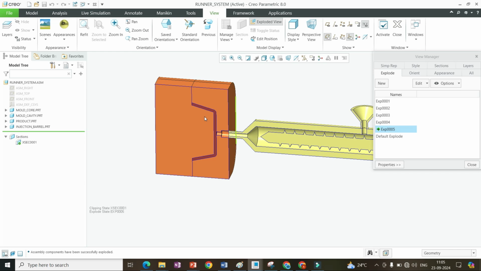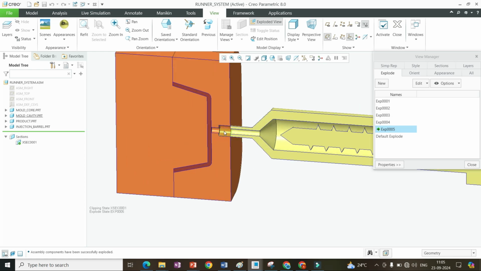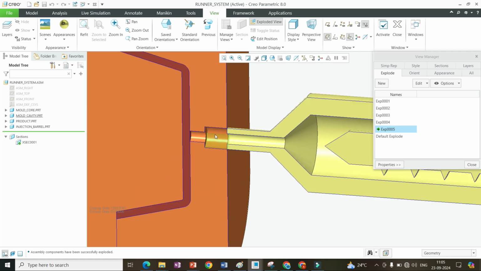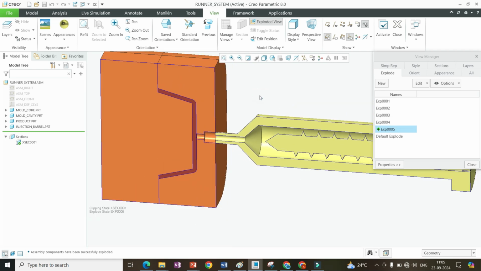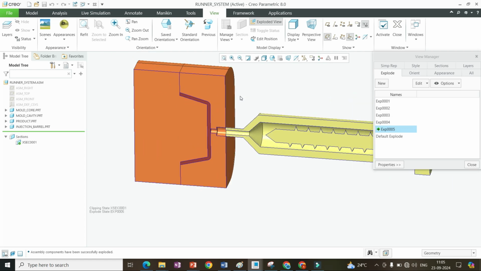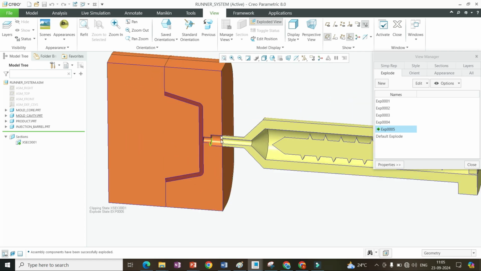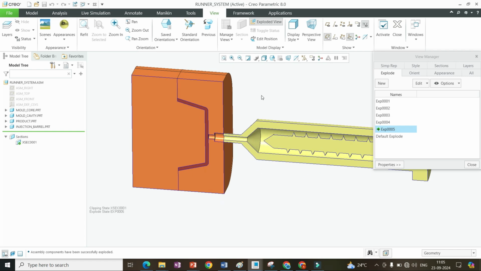These molds are generally made of aluminum and steel. Inside the fixed mold there is a sprue, there is a gate, and sometimes there is a runner also. Here I have not shown the runner, so this mold is without a runner. It is not always mandatory to keep the runner, because in a single cavity mold there is a gate or direct sprueing also.